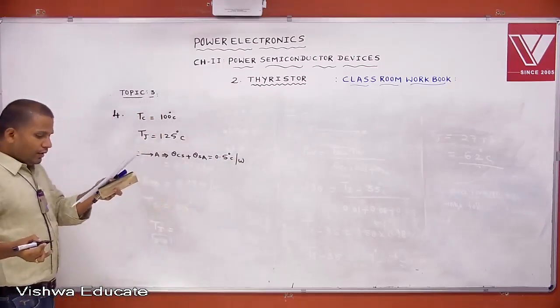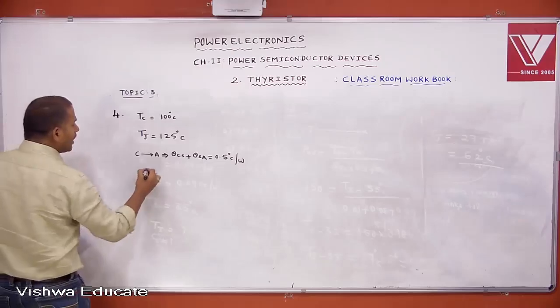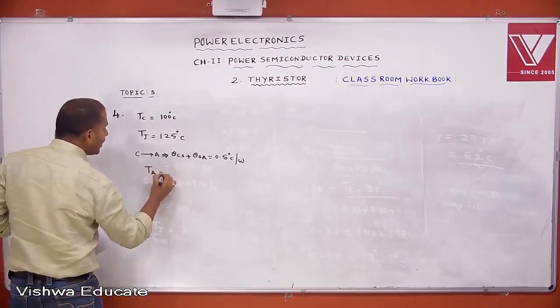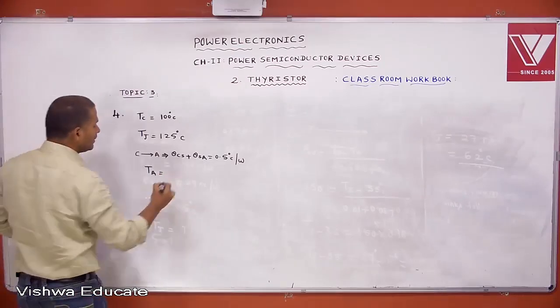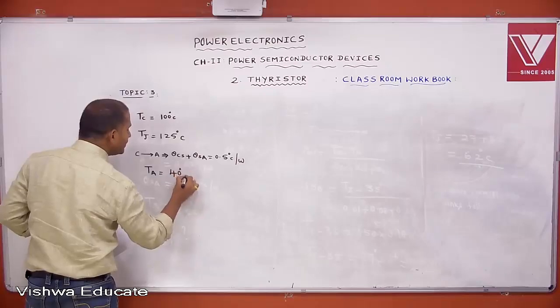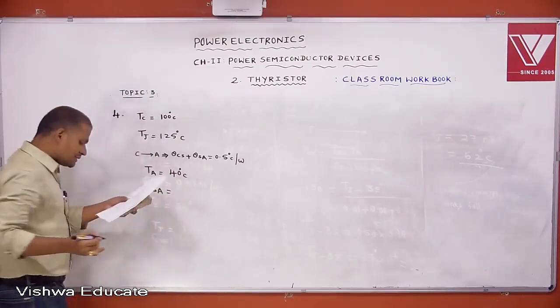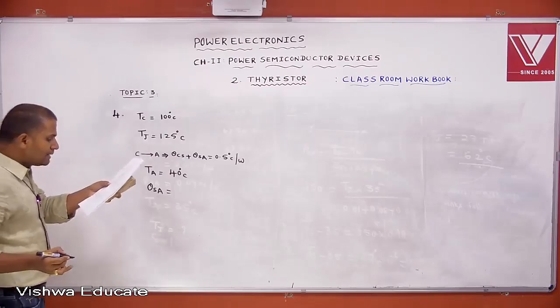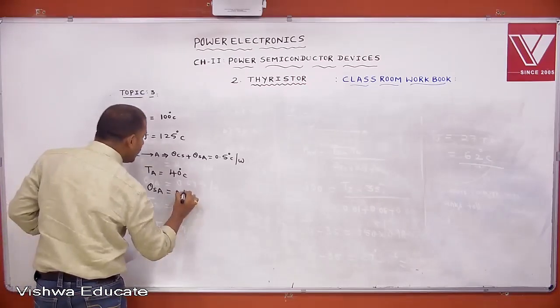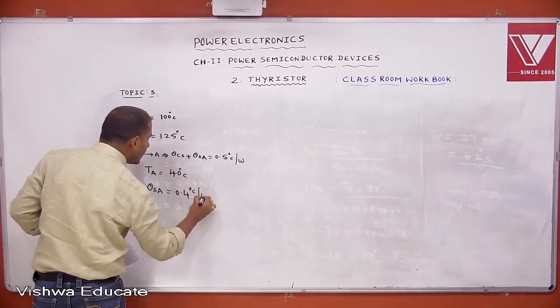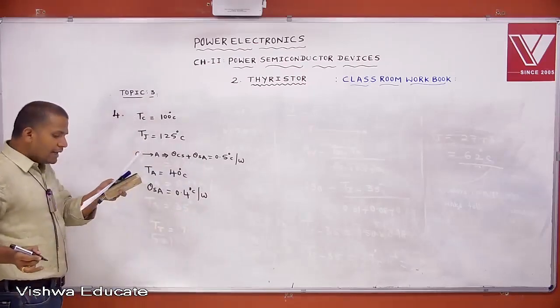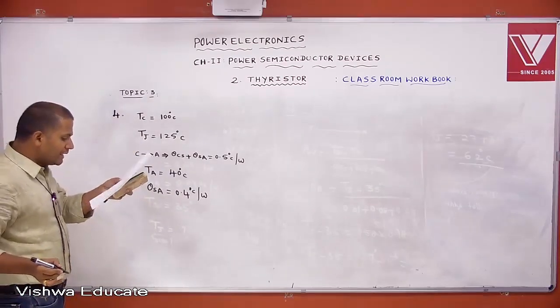Then for ambient temperature of 40 degree centigrade, and sink to ambient thermal resistance 0.4 degree centigrade per watt.